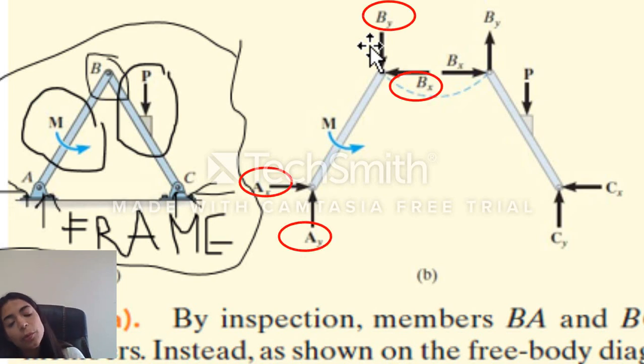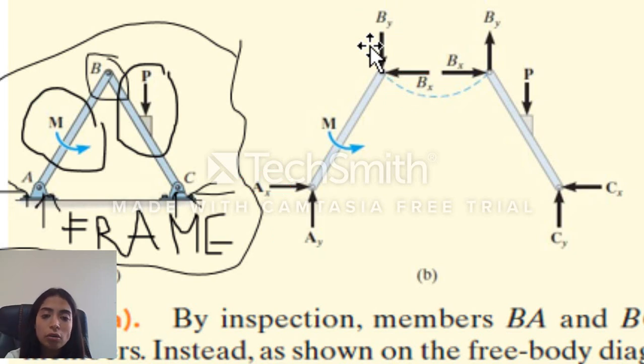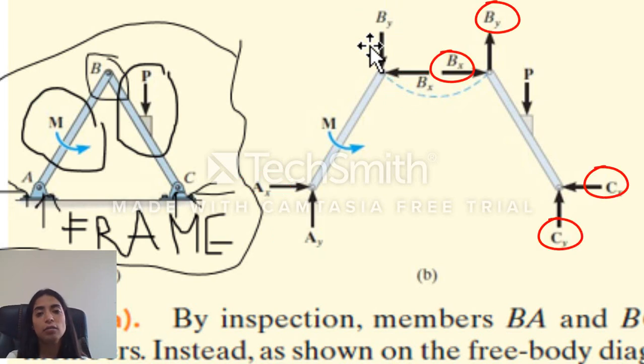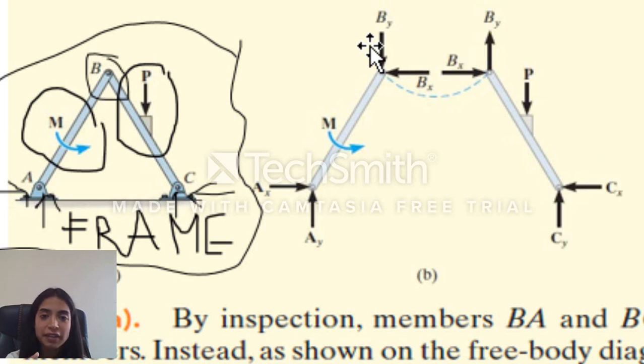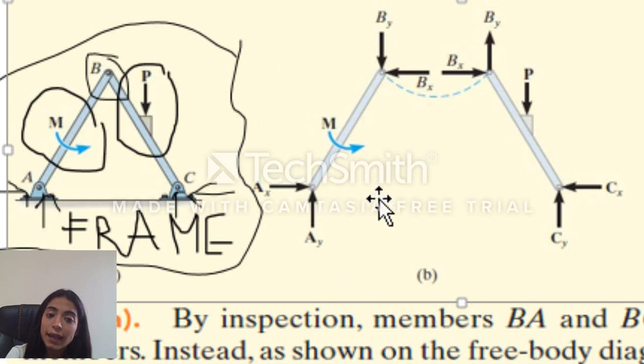If I take member BC, I still have four unknowns, BX, BY, CX, CY. So guys, what should I do? In fact, I should take both members separated from each other. So I should take AB and I should take BC.